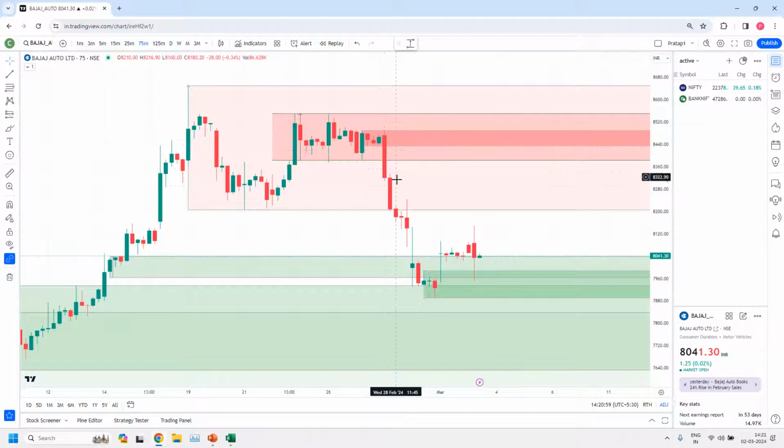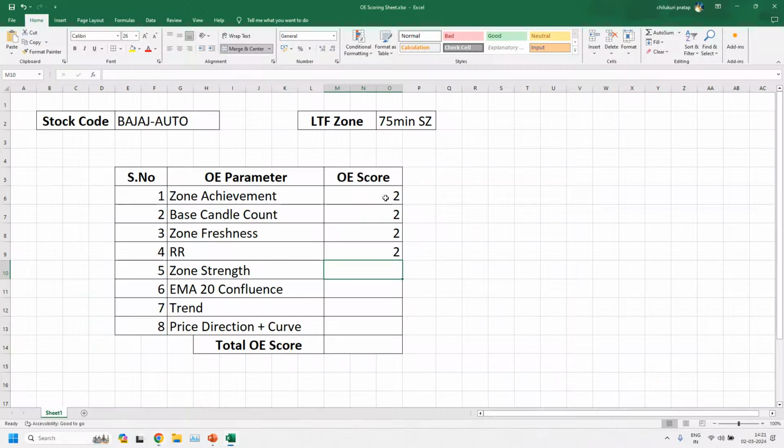See here, it is even supporting follow through also. So it doesn't matter whether follow through is there or not, high explosive is good enough. Follow through is also there, very good, excellent. So you have to give the maximum score 2. So our zone strength is also excellent. I am giving the value 2.